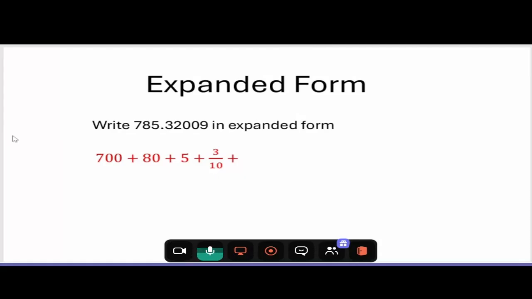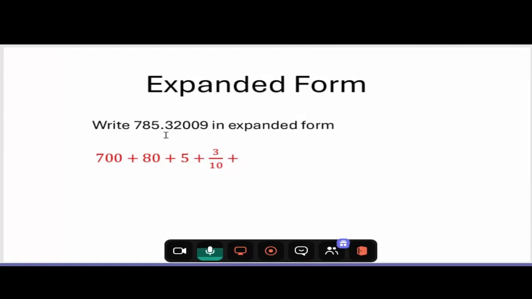Basically, the idea here is if you take one spot on your number line and you divide it into 10 equal pieces, 0.3 is 3 tenths of the way along the number line. That's why we call it tenths.